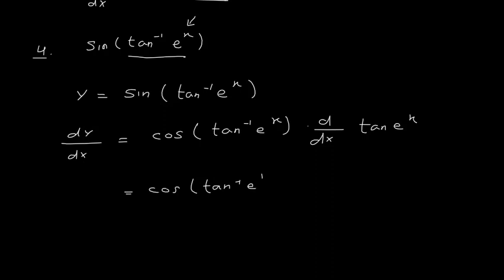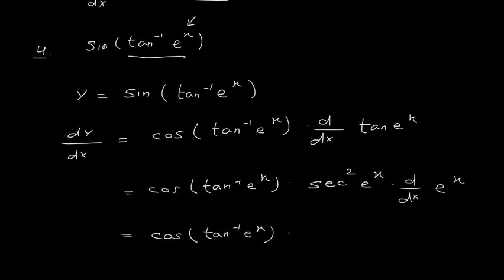So this is cos of tan inverse e power x into differentiation of tan inverse e power x. So derivative of tan inverse function is 1 upon 1 plus square. You will say that it is sec square e power x, and then you differentiate this e power x. So this will become cos of tan inverse e power x into sec square e power x into the derivative of e power x, which is e power x.